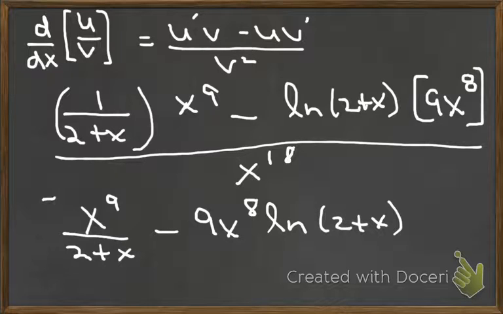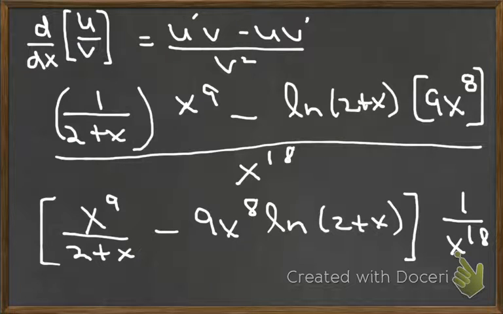And then all of this stuff, I'm going to write it like this, is divided by x to the 18th power, so that's times 1 over x to the 18th power. So we see we have some common x's here. So I'm going to be able to factor out an x to the 8th power. I'm going to do that on the next page. We'll come back and forth so we can remember.